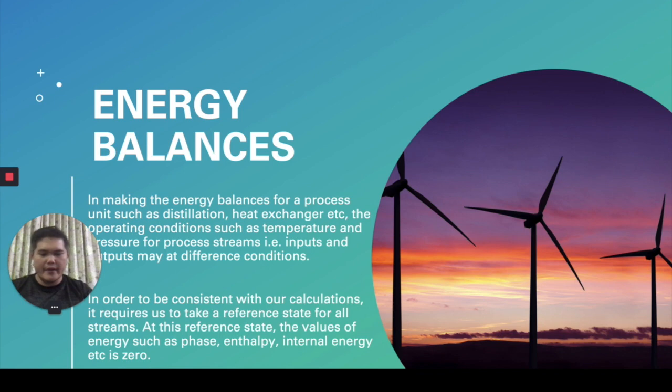So when we use a reference state, all the values, because we know that we cannot determine the absolute value of the enthalpy or internal energy, etc. But if, let's say, we take a reference state, then we decide that at this particular reference state, in order for us to calculate the change of enthalpy, the change of internal energy, and so on, it has to be referred to a certain state, and at that particular state, the values are considered as 0.